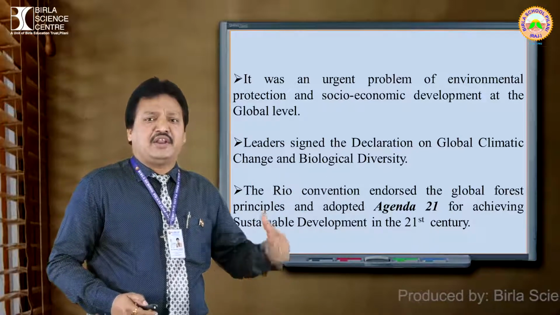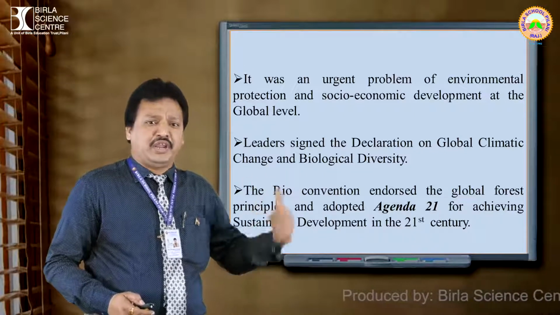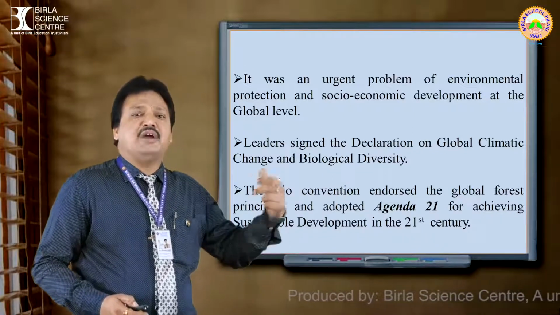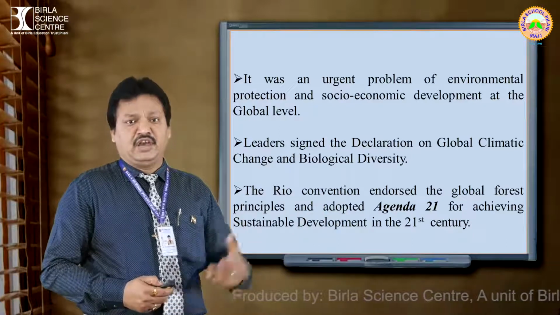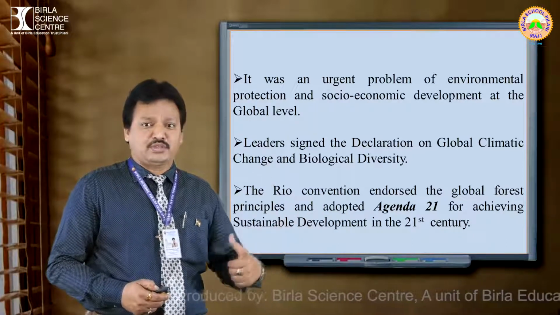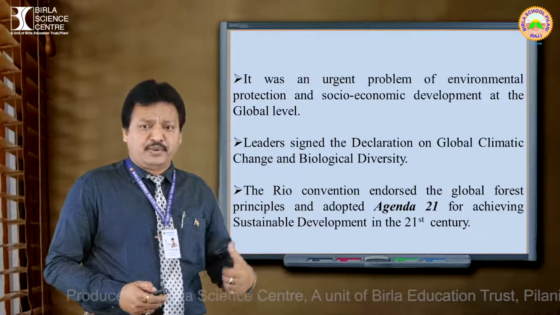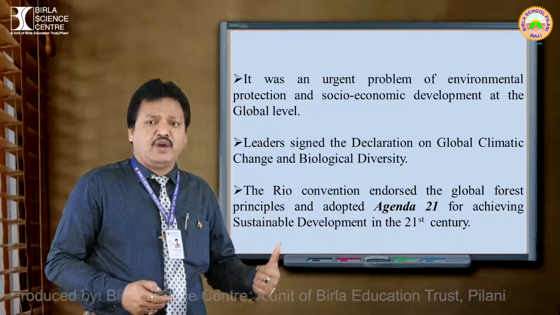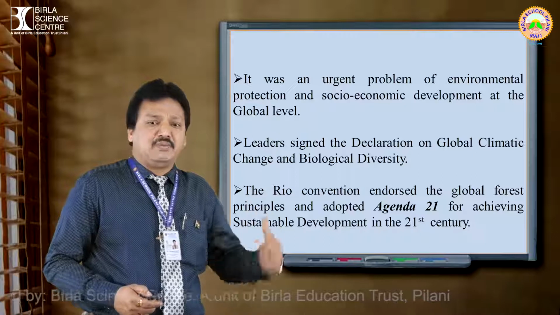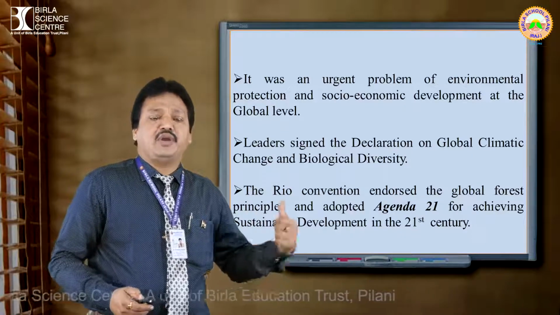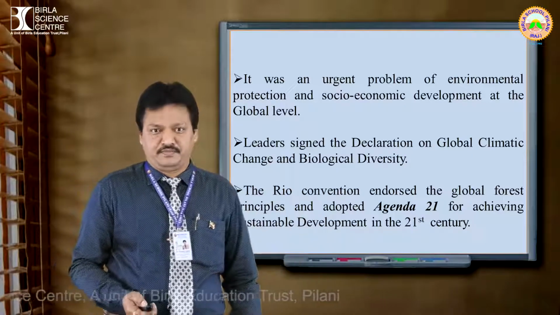Leaders signed the Declaration on Global Climatic Change and Biological Diversity. The Rio Convention endorsed the Global Forest Principle and adopted Agenda 21 for achieving sustainable development in the 21st century.